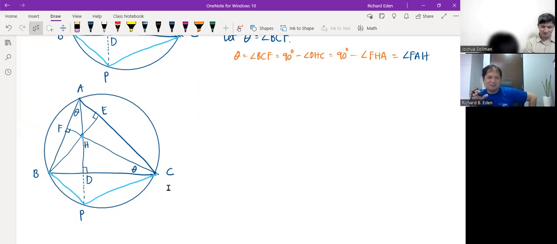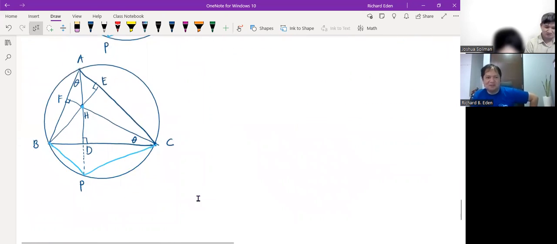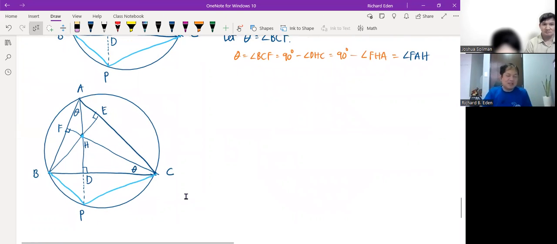Yeah, the copy paste. But I want to preserve the original drawing. So, okay. Now we have that angle theta there, close to angle A. Can you show me another angle that's also theta?